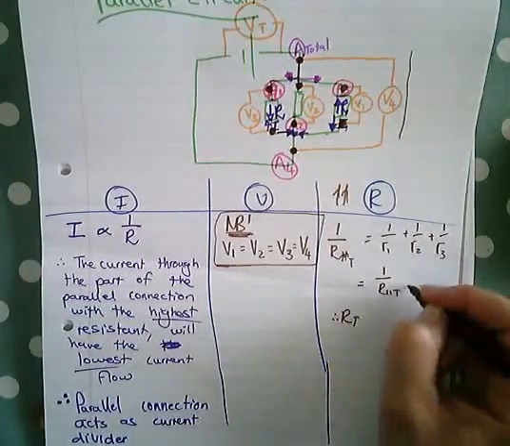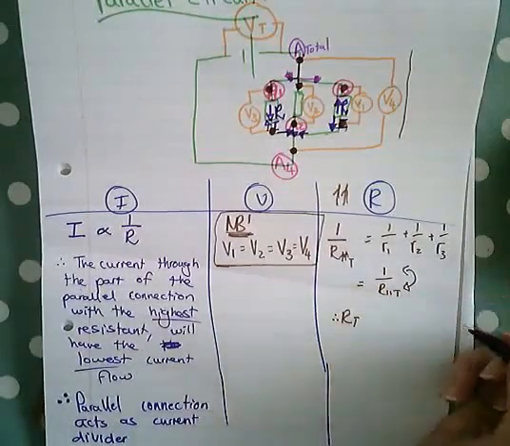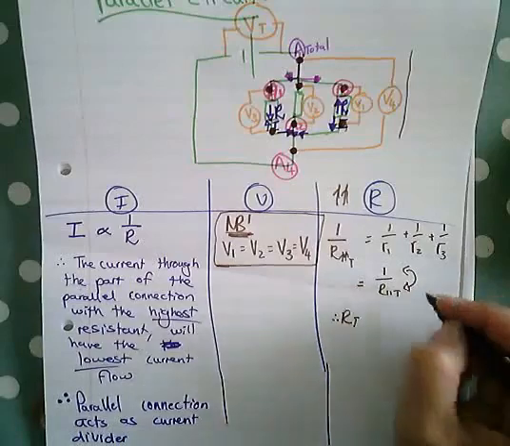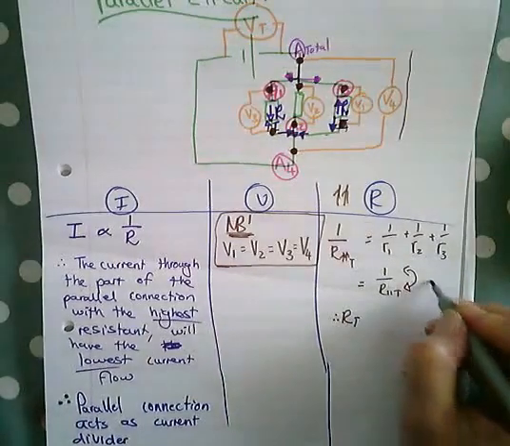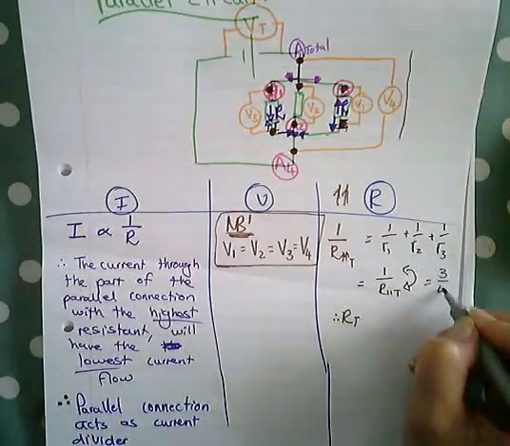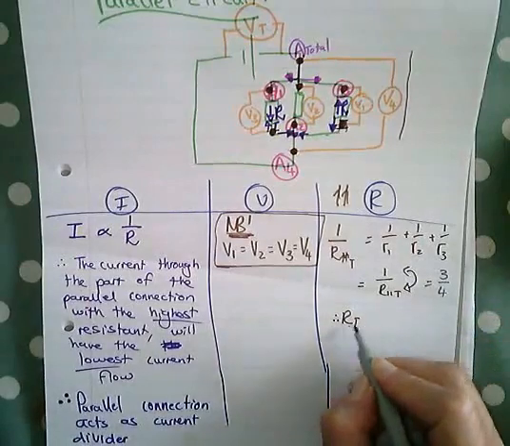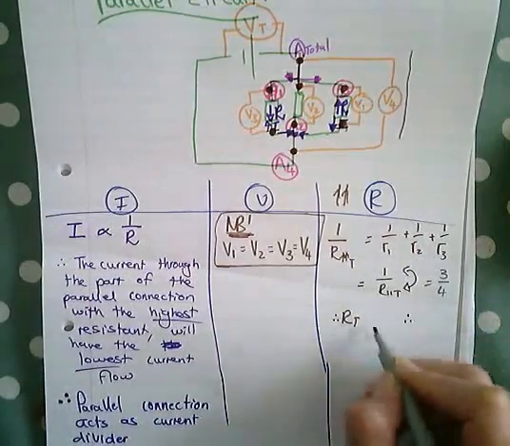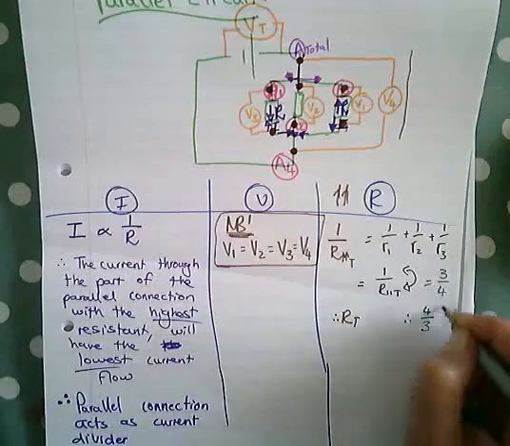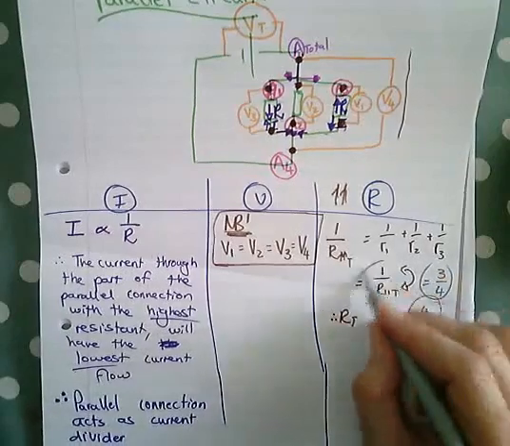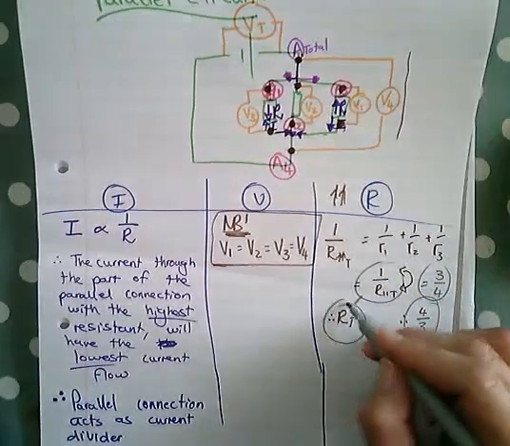So let's say, for example, you got your total there as 3 over 4, then that means your R total is going to be 4 over 3. So you need to remember to swap them around, okay, to get to your final answer for resistance.